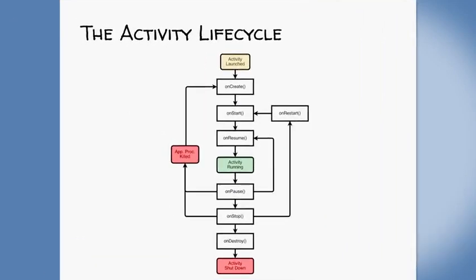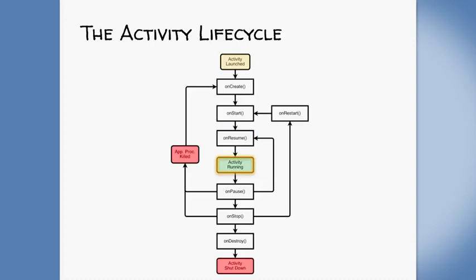So let's imagine a simple application with one activity that starts up, waits for a moment, and then exits. In this simple case, when that application is launched, Android will call the activity's onCreate method. Then Android will call its onStart method, and then onResume, after which the activity's user interface will appear on the device's screen and the user can interact with it.